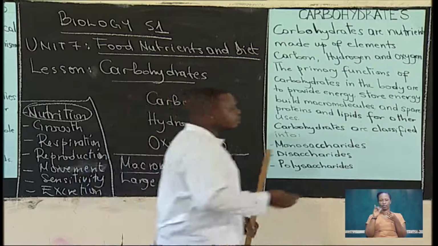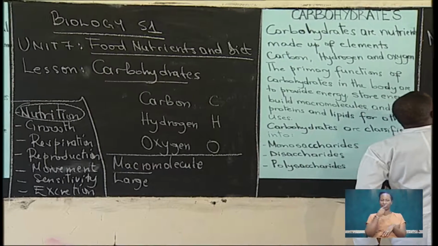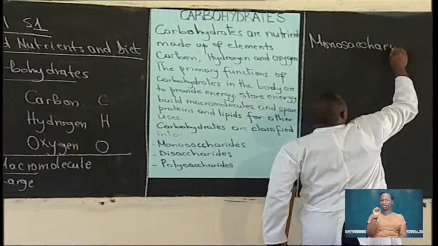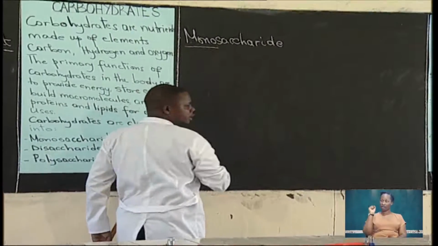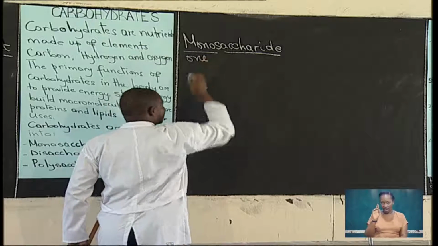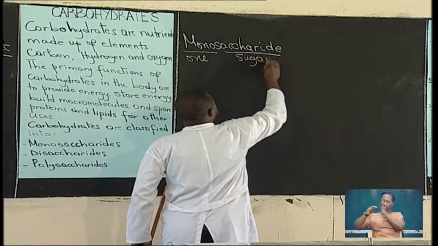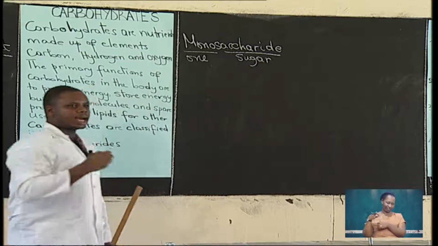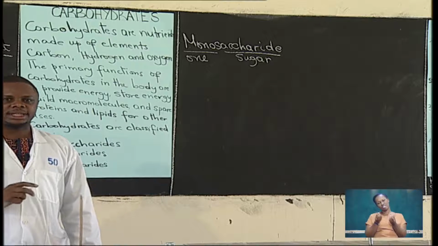When we say monosaccharide, you can see this word has mono. It also has saccharide. Mono means one. Saccharide means sugar. These are sugars we call simple sugars.